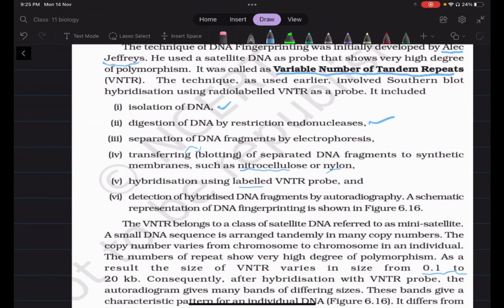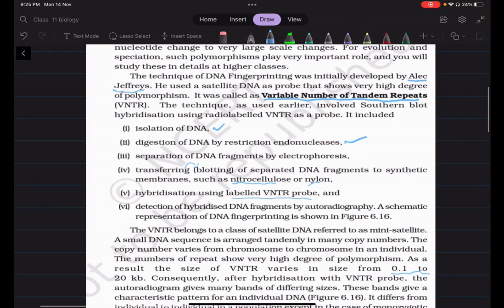So what is a labeled VNTR probe? A probe is a DNA sequence that is complementary to the VNTR, and these are labeled so that we can know that for this specific VNTR, its corresponding probe is this one. Hybridization means this VNTR probe will go and bind to its corresponding VNTR.